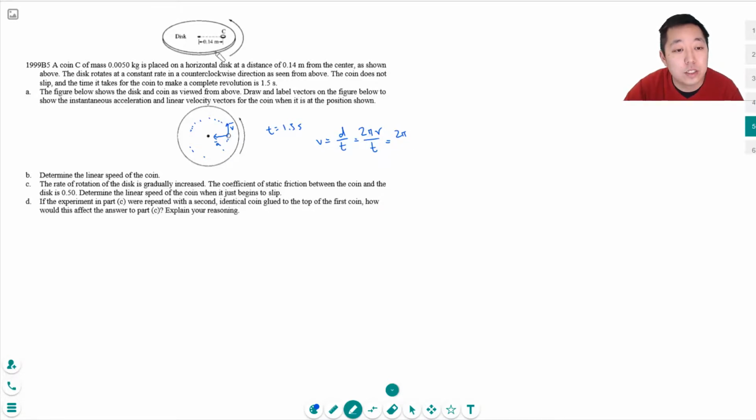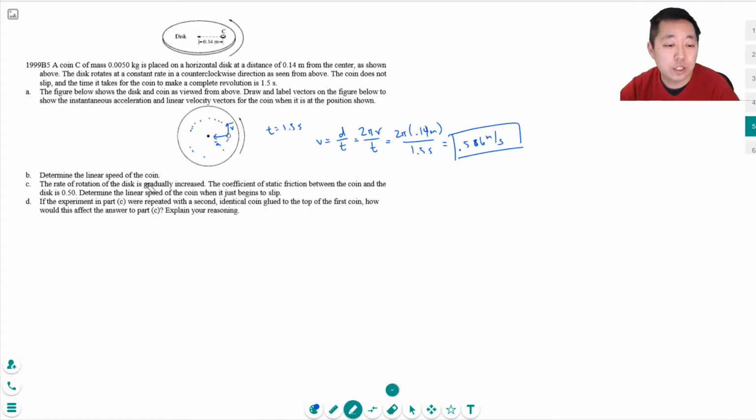R is the distance it is from the center, which is 0.14 meters. If I use a calculator, 2 pi times 0.14 divided by 1.5, I get 0.586 meters per second. That's how fast it's going, the linear velocity.